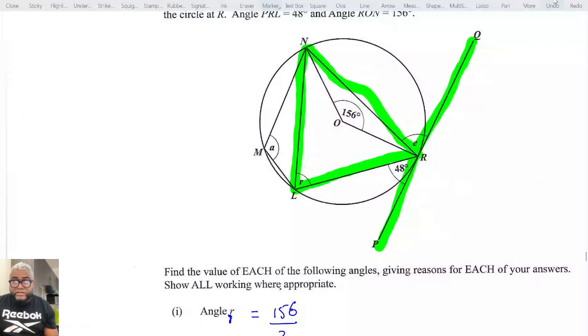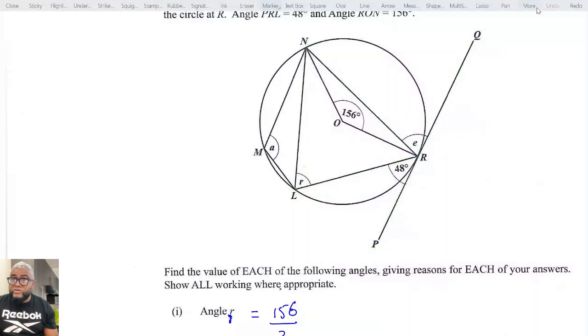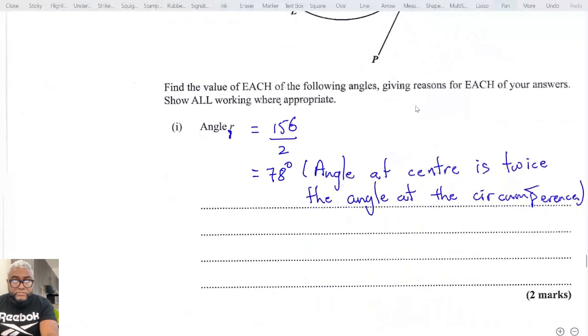So let's write that down. How much do I want you to get? 78? Right, so simple. E is simply equal to 78 degrees.